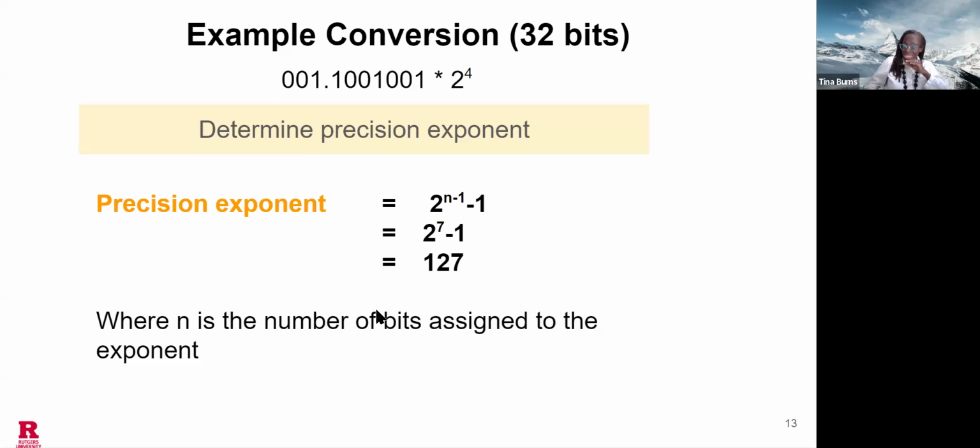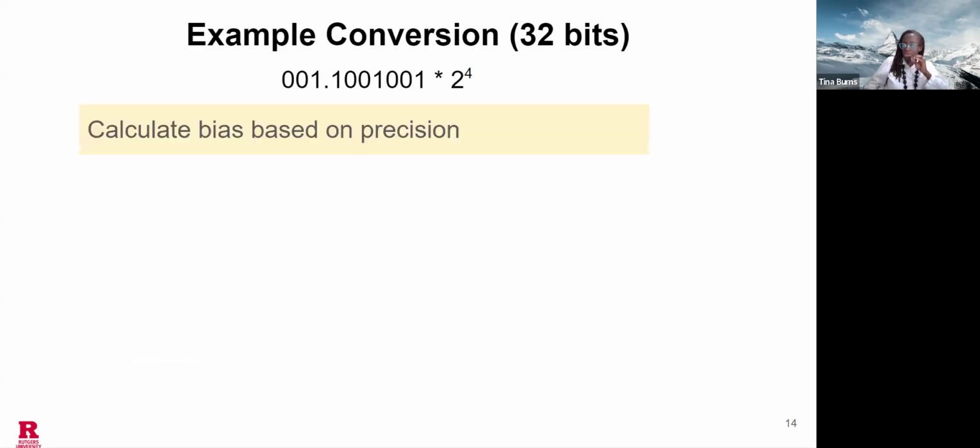Now I'm going to take this exponent and use that. So now this is all dealing with the exponent. Keep in mind that this is all now in binary. This is all in bits. I want to calculate my bias.